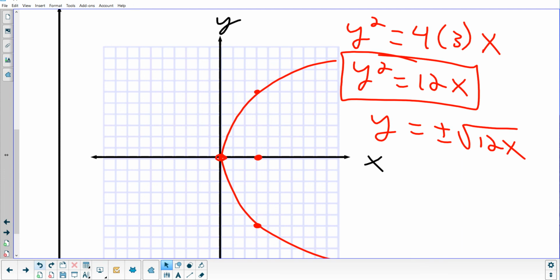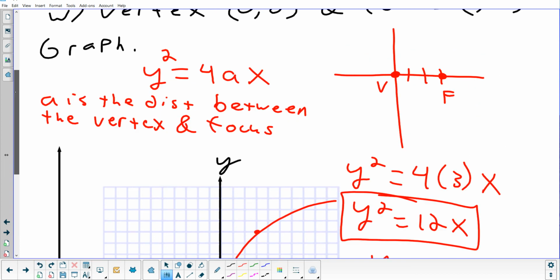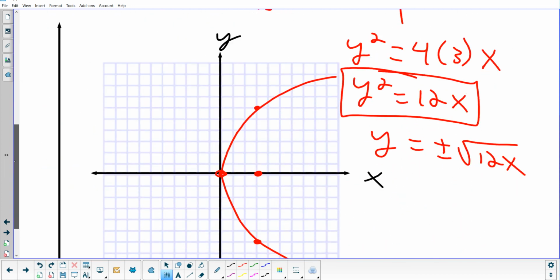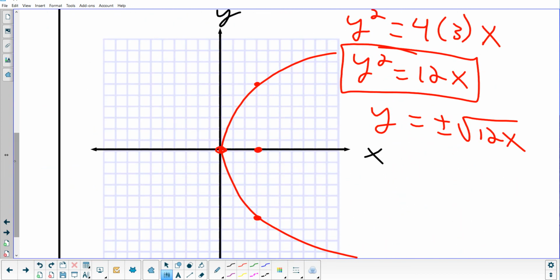The distance between the focus and the directrix is always double A. That's what's to it. Because your directrix would be, did they ask for it in this problem? No. Well, can somebody give me the equation of the directrix? Because I might ask for that. Is it horizontal or vertical? Vertical. So how does a vertical line equation start?